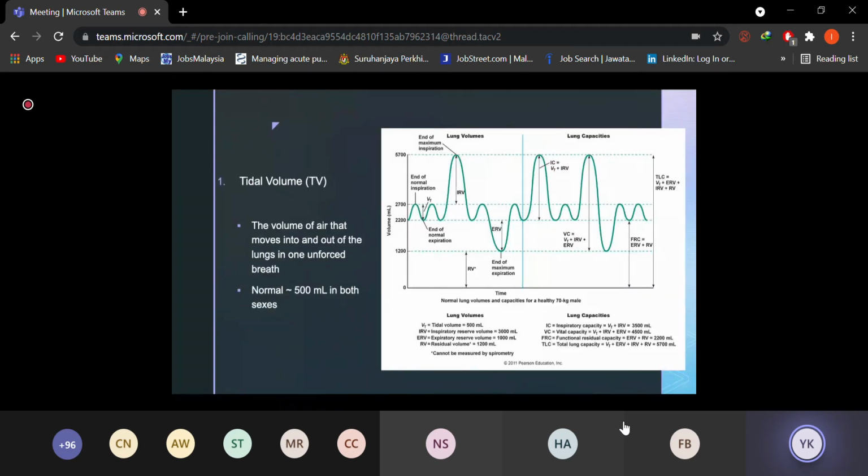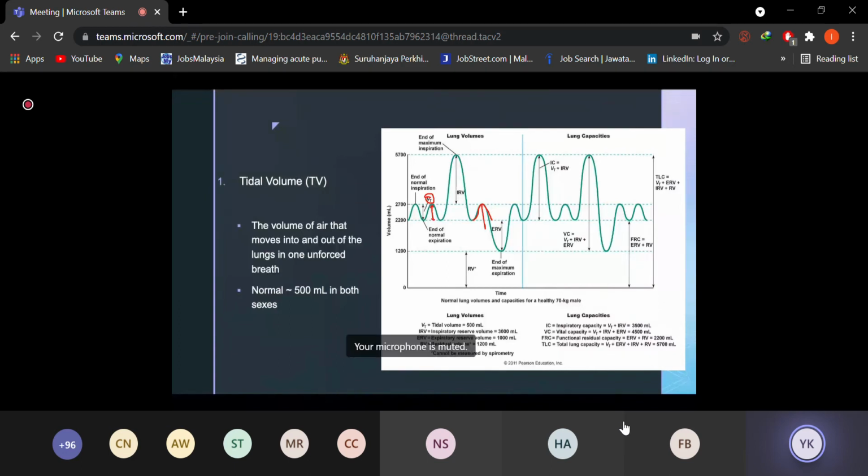First, the tidal volume is normal breathing: the volume of air moving in and out during normal or unforced breathing. This is the tidal volume, VT, breathing in and breathing out. That's 500 mL.